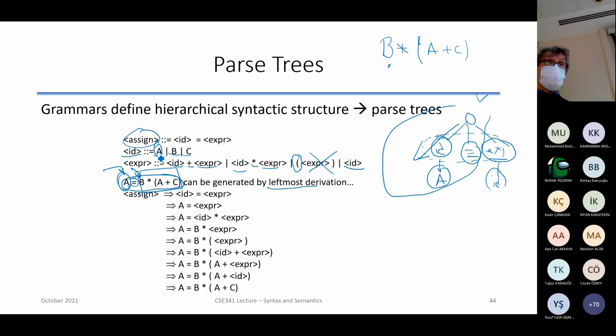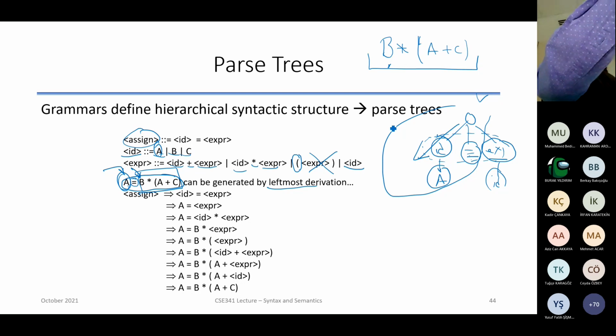ID says either A, B, or C. Then I'm going to say, okay, none of these is going to actually happen because I have this much input waiting for me. But this is what we call a lookahead. I go one step further, and I say, oh, I cannot do it. Let's go back. All right? That's a possibility. Let's look at this one. Yes, this is a possibility, but it's going to be a dead end. We know that.